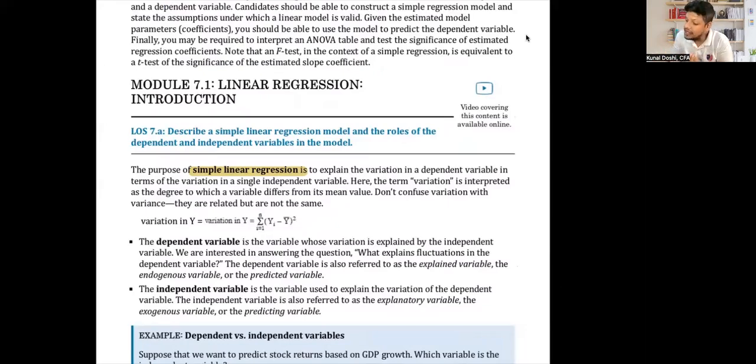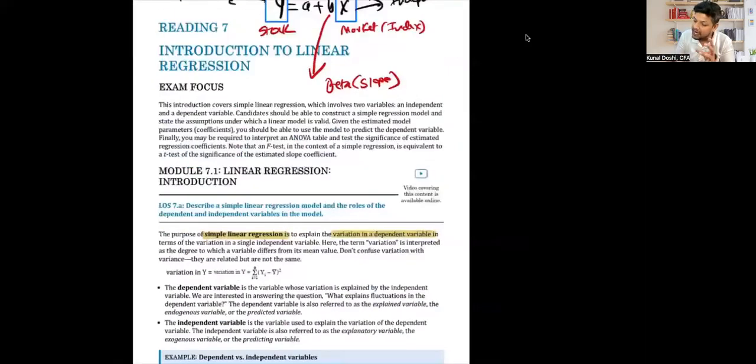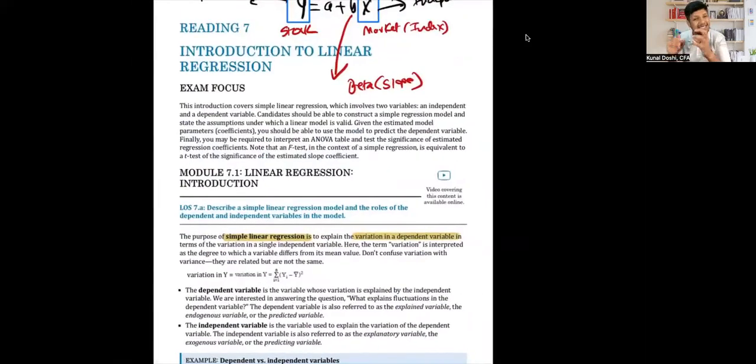We are trying to explain the variation of the dependent variable, how much is the change in the dependent. In my equation, dependent is y, due to the variation in the independent variable. And the independent variable, there is only one, that is x. So basically, we are trying to see the change in y due to the change in x. Remember, I told you y is like a stock and x is like a market.